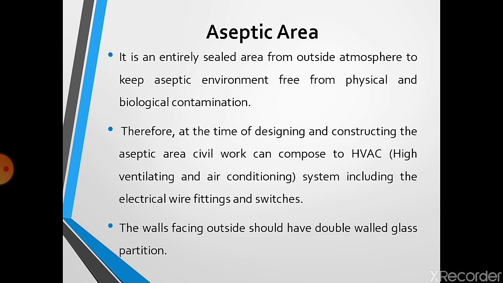Therefore, at the time of designing and constructing the aseptic area, civil work can comprise two HVAC systems, that is heating, ventilating and air conditioning systems, including the electrical wire fittings and switches. The walls facing outside should have a double wall glass partition.